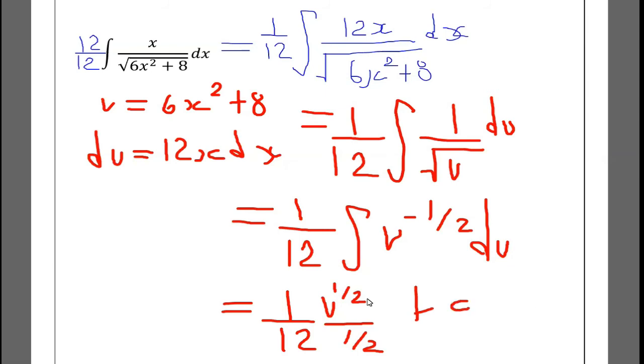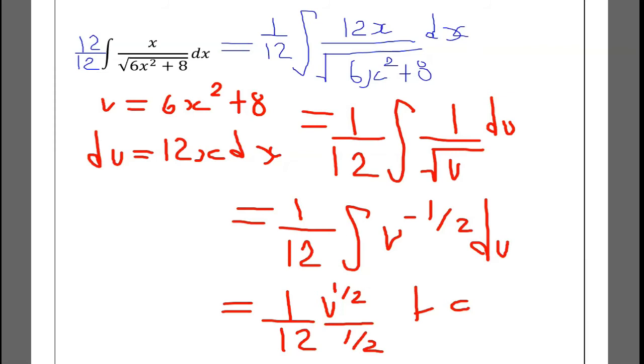So now you're going to simplify this, which is 1 over 12 times 1 over half. That's 1 over 24? No: 1 over 12 multiplied by 1 divided by a half. So that's 1 over 6.